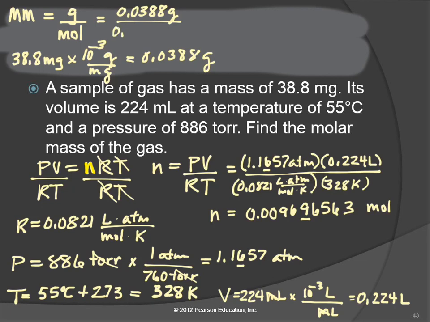So I'm going to put in 0.0096966 moles. I rounded it. So now I've got 0.0388 divided by 0.00969, which is 4.00 with 3 sig figs, and the units are grams per mole.